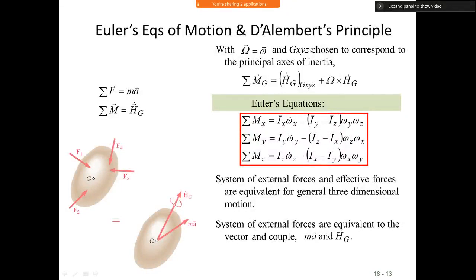This is for the specific case when this Gxyz is attached to the body and it also corresponds to the principal axis of inertia. So, when it corresponds to the principal axis of inertia, the Ixy, Iyz, Ixz terms also become 0, and what we are left with is the following set of equations, which is Euler's equation.